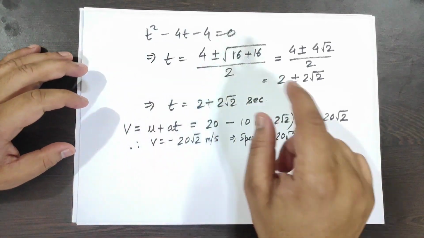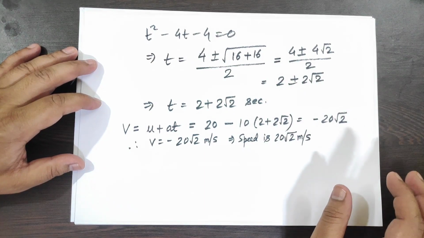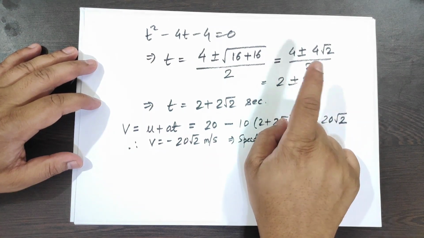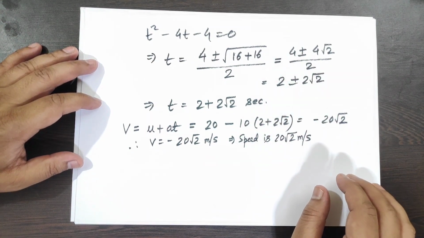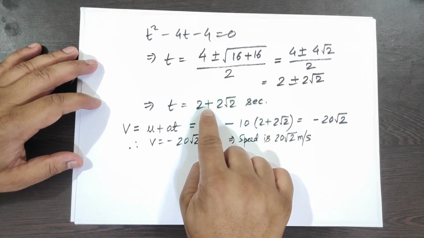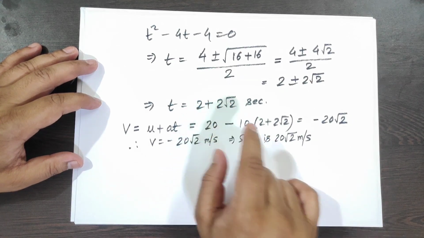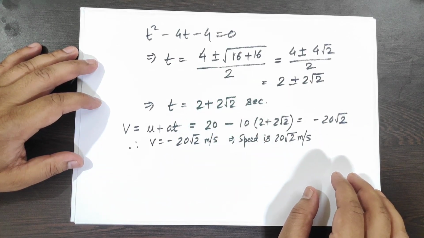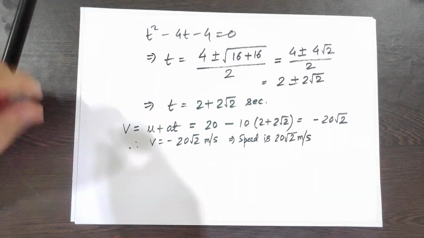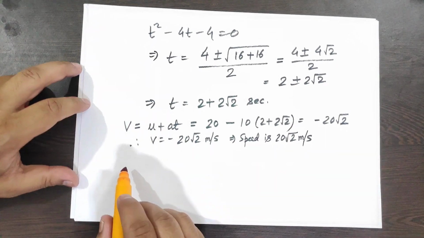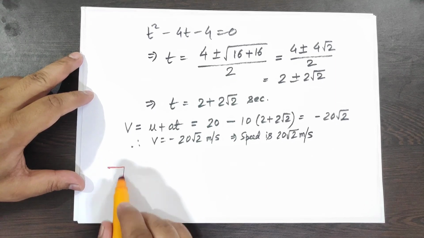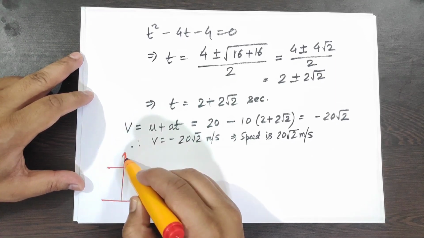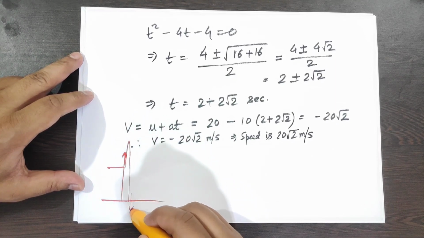By solving this quadratic equation, you get t as these two values of time. So you know this value is true, 2 plus 2 root 2 second. And speed on reaching ground: in the problem it was thrown up from the tower, and what is the speed on reaching ground.